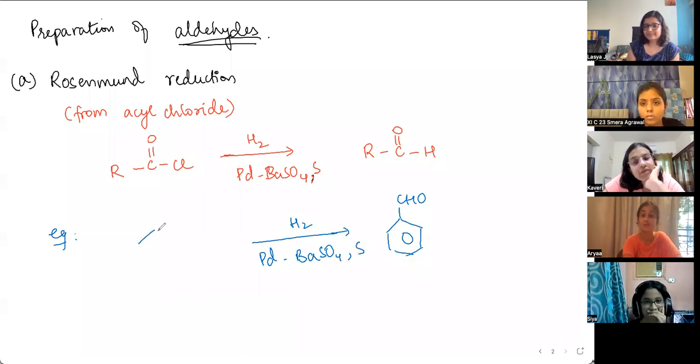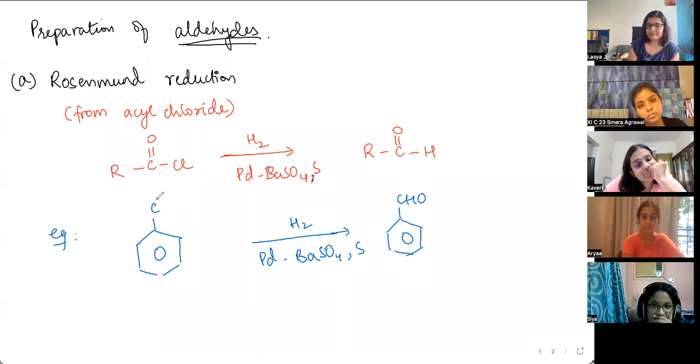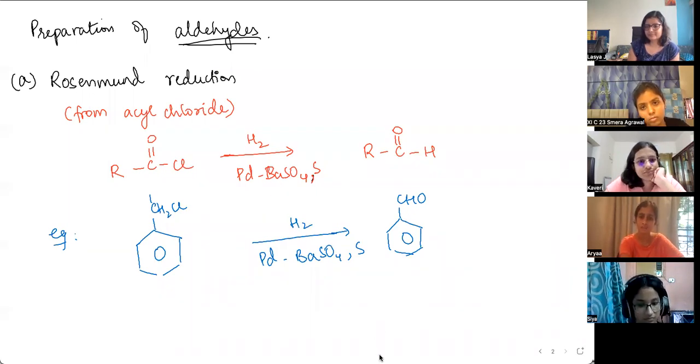Benzoyl chloride. Benzoyl chloride is right. Benzyl chloride means that CH2Cl. No, that's chlorobenzene if it's only Cl. What is benzyl chloride? CH2Cl. Same thing, this is benzyl chloride. Then what is chlorobenzene?